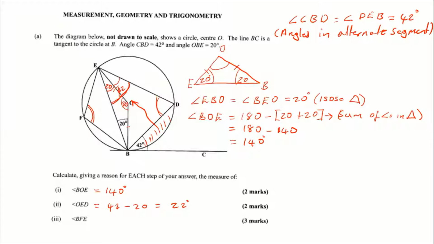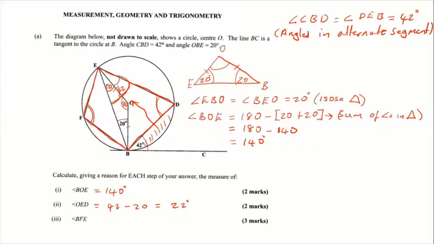And why is this so? Because when you look at it, if you trace out the edges of this, what you will get is a cyclic quadrilateral, right? And what we know about cyclic quadrilateral is that opposite angles in a cyclic quadrilateral sum to give 180 degrees. So if we can determine this angle here, it would be opposite to this one. And then we are able to determine the value.